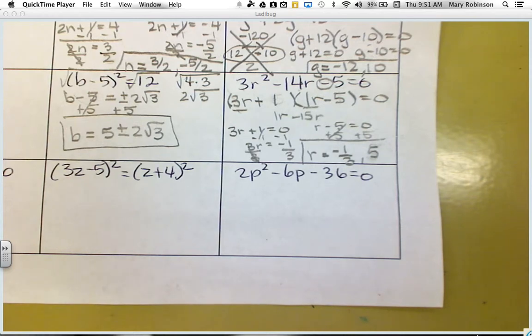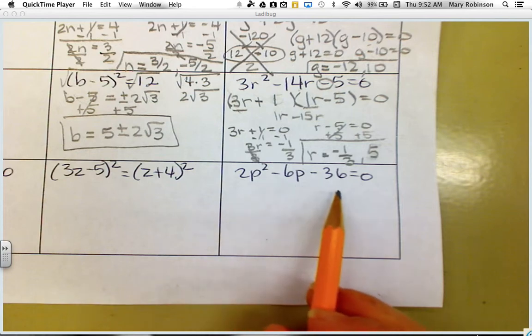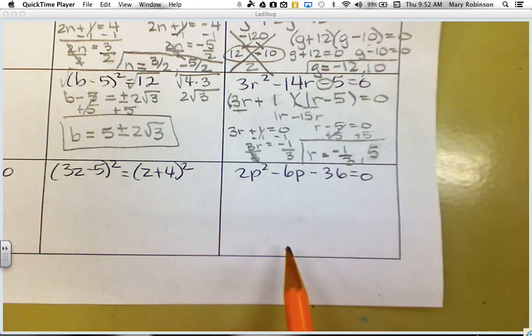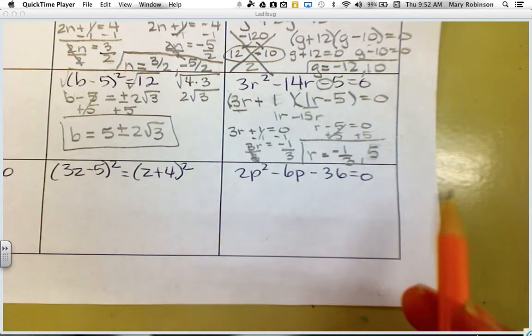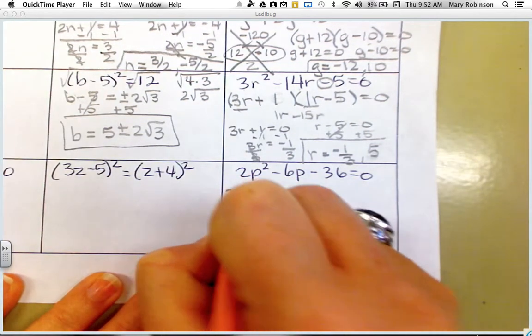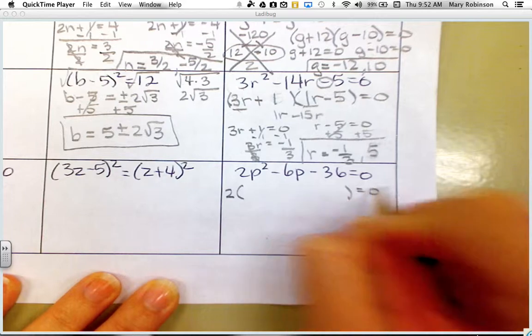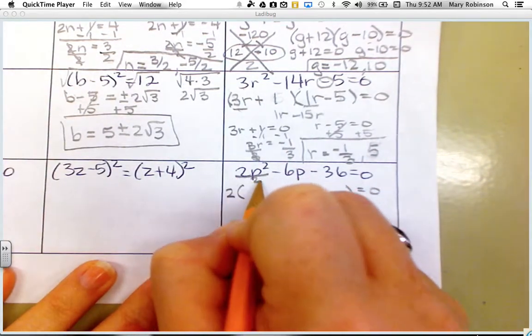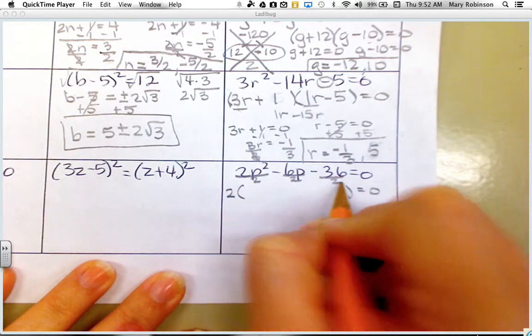So this last one involves something a little different. We could try to do it the same way, but does anybody notice anything about these 3 terms? Look at 2p squared, 6p, and 36. What do they have in common? A 2, good. So I can factor out a 2. So remember, what goes in parentheses is what you get when you divide out that 2.